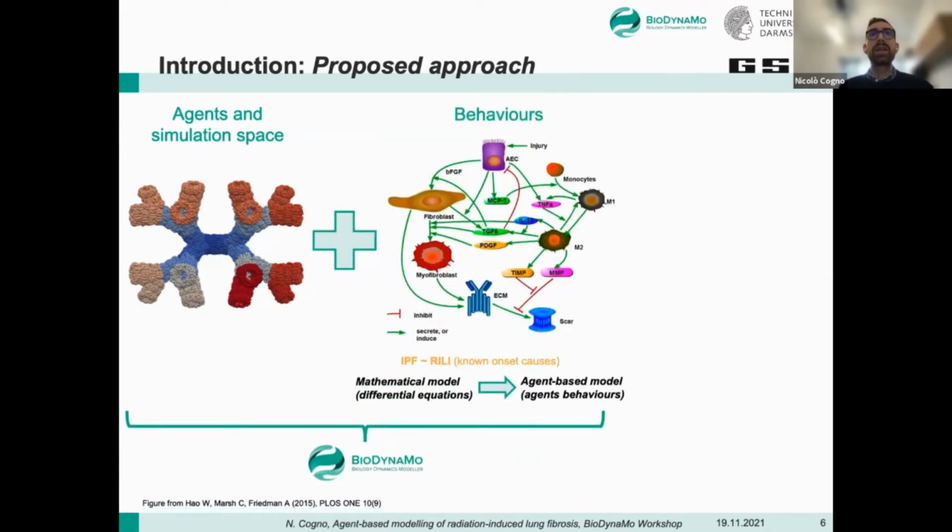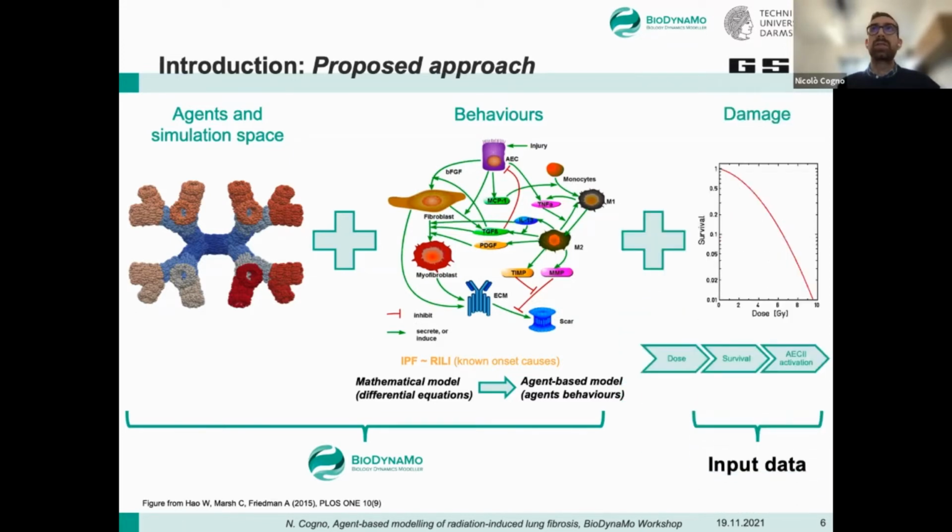So at the beginning, what we wanted to do was to reproduce the onset of the idiopathic pulmonary fibrosis, which very well resembles many of the mechanisms of the radiation-induced lung injury. So the idea was to take a mathematical model which works with differential equations and transform this model into an agent-based model, giving agents behaviors. We wanted to model both these aspects using Biodynamo.